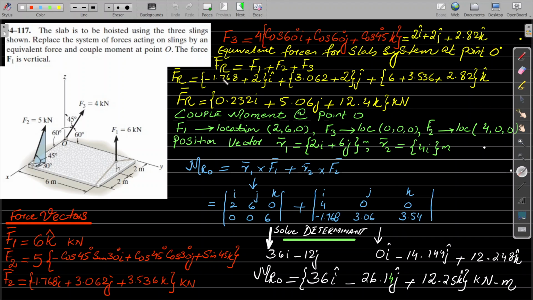Now we know the resultant force Fr of this system will be F1 plus F2 plus F3, and we will be adding all the respective i's, j's, and k's that we have calculated.